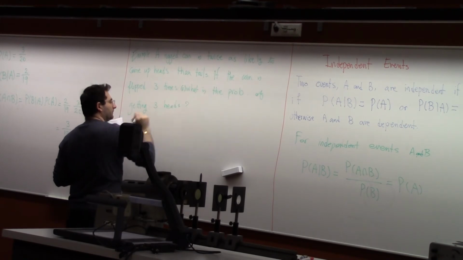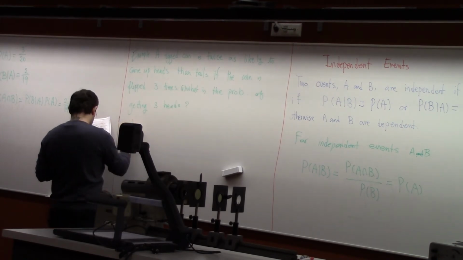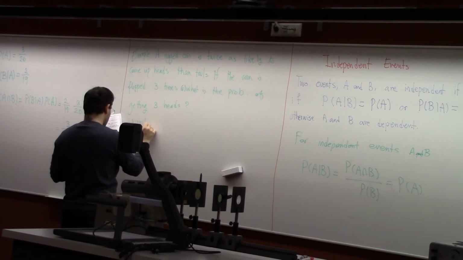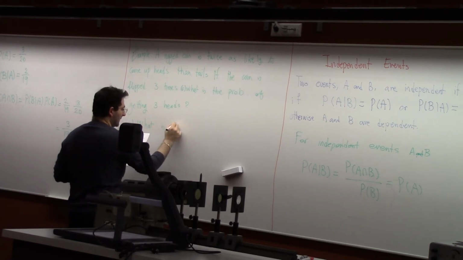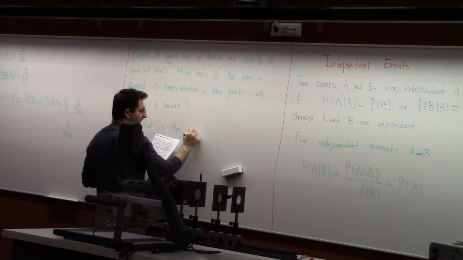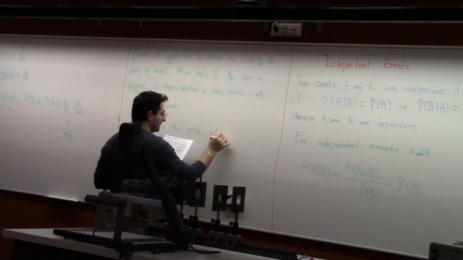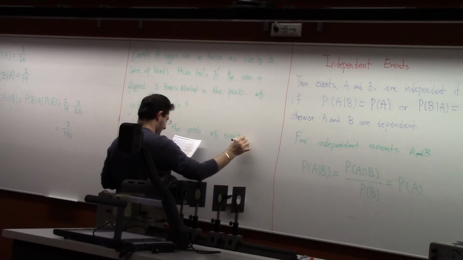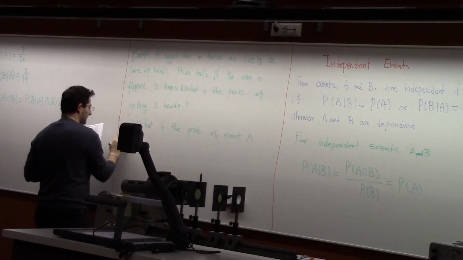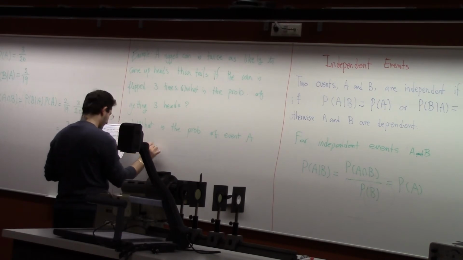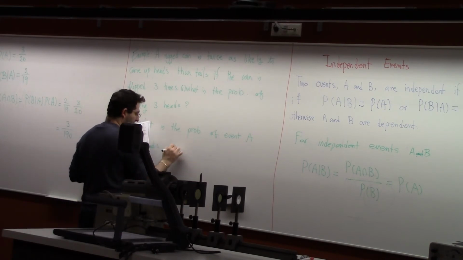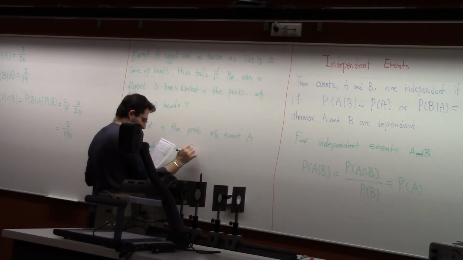Part 1. Part 2. What is the probability of event A that 2 heads occur?